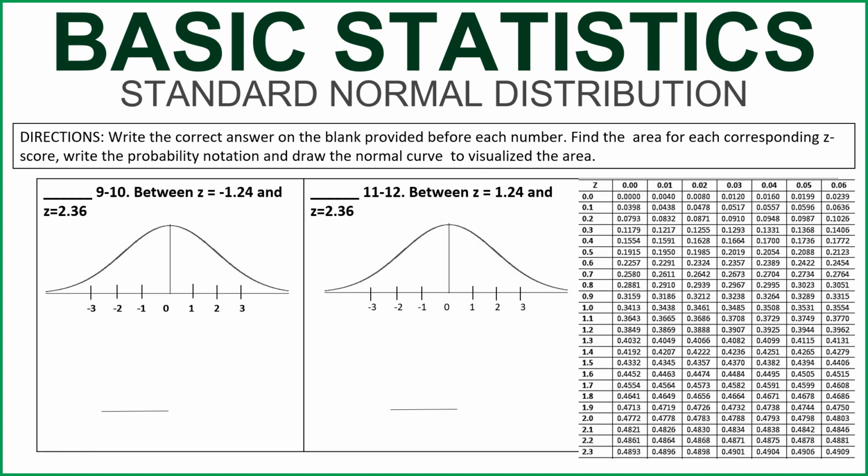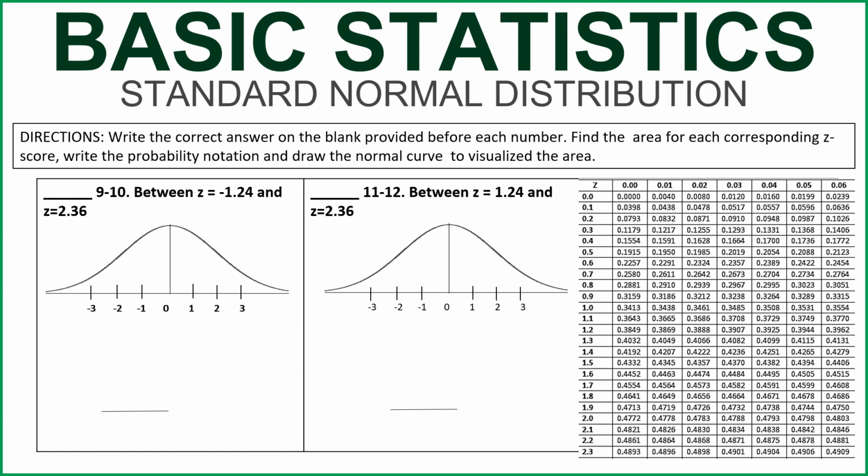Next one, since we encountered the word between here, we will no longer add or subtract from 0.5. Rather, we will add or subtract from the given area of the following z-scores. So first, let's locate negative 1.24.